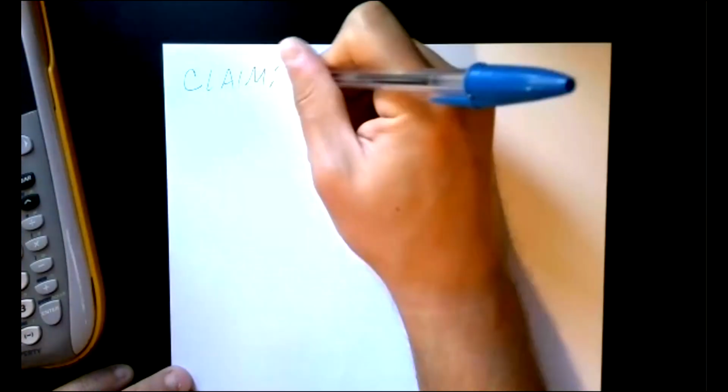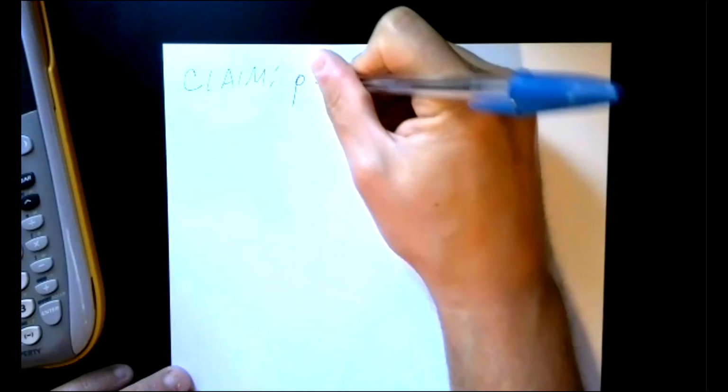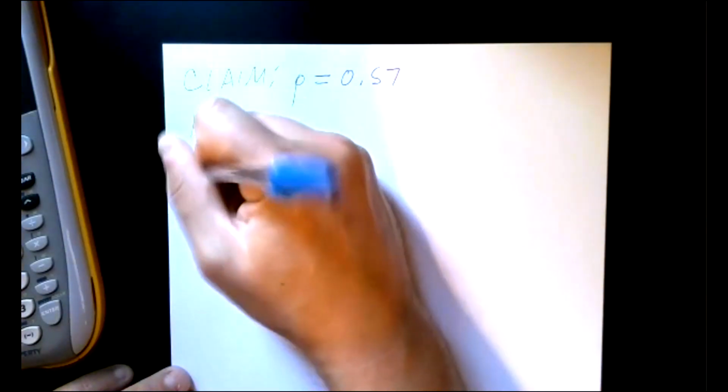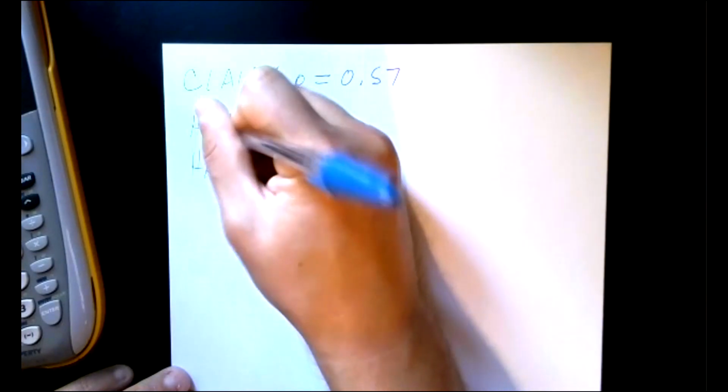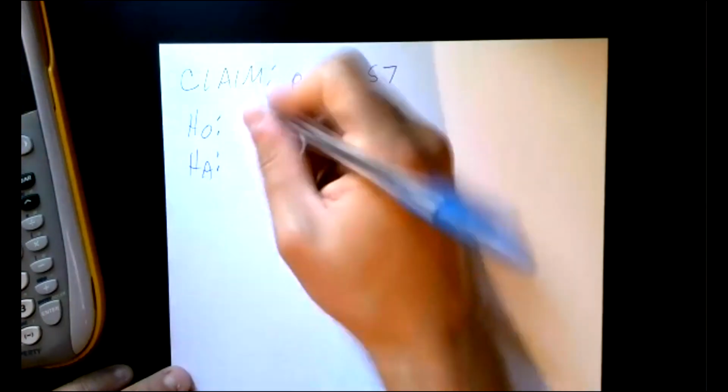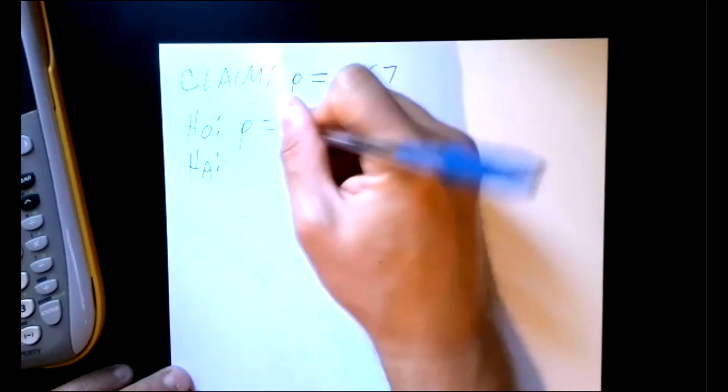Now, it's clear that we're talking about proportion in this problem. The educational research firm claims that 57% of college students work. P equals 0.57. The null hypothesis is equal.